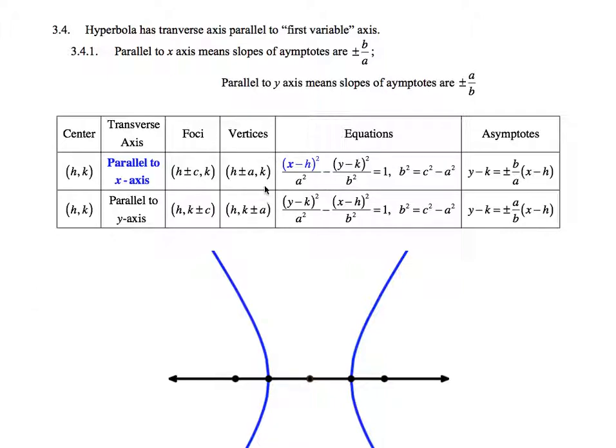I'm using this color coding and this way of looking at it. The hyperbola is going to have its transverse axis parallel to the first variable in the equation. So ellipses always have x squared first, and a squared will be under one term or another.